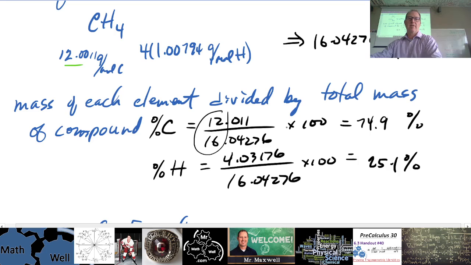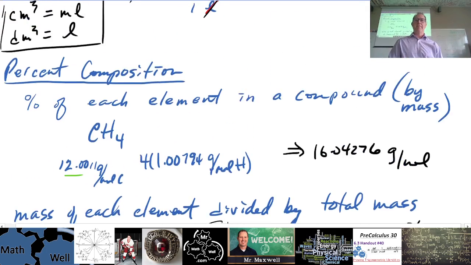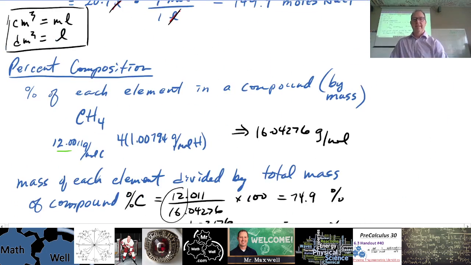So 12 out of 16, roughly 75%. And this should add up to 100. If you're rounding, it might not exactly, but it should add up to pretty close to 100%. Okay, any questions there? Percent composition is by mass, so remember that.